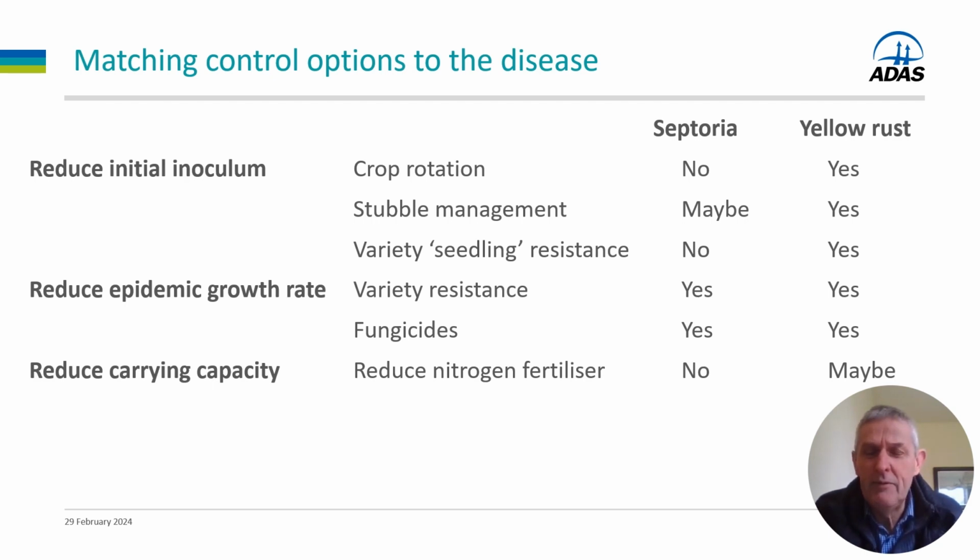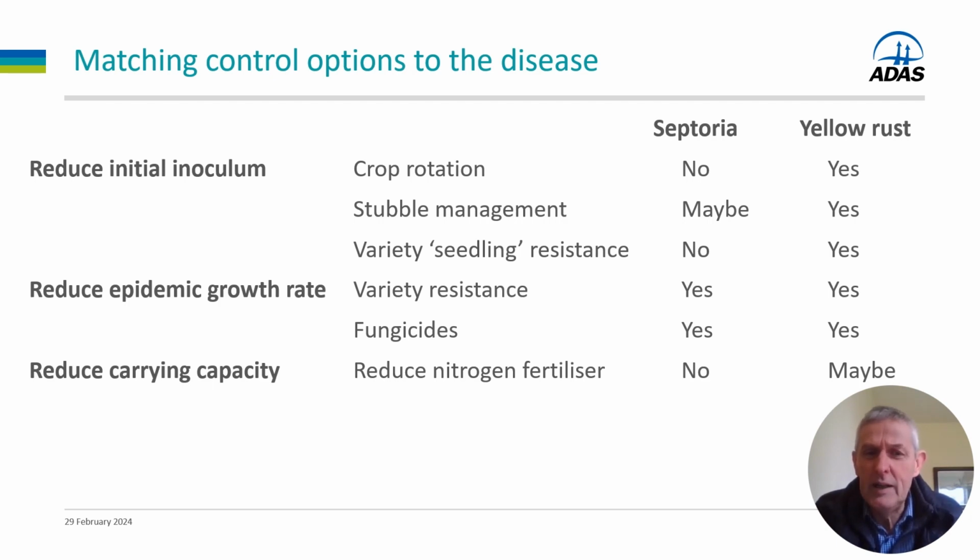And similarly for yellow rust, we have quite effective major gene seedling resistance in some varieties, and that seedling resistance can be so effective that it reduces the initial inoculum, whereas the level of seedling resistance against Septoria in current varieties is not really sufficiently powerful to have that type of effect.